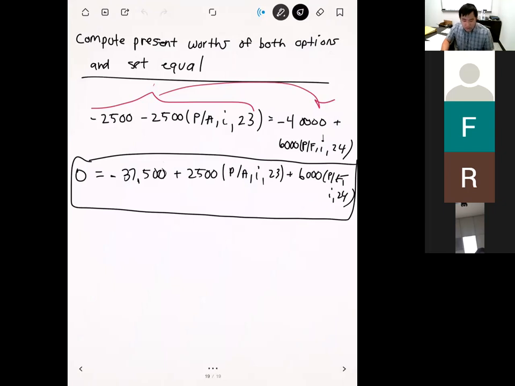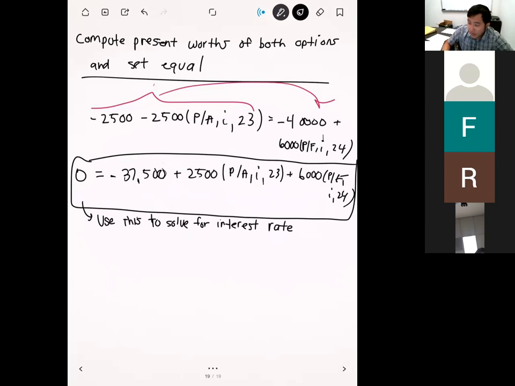All right. And so now that we've set up this present worth equation, we can use it to solve for the interest rate.